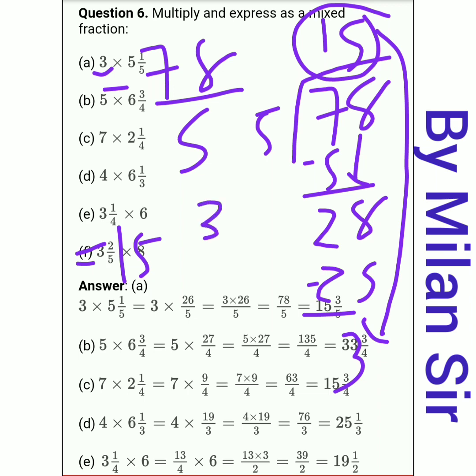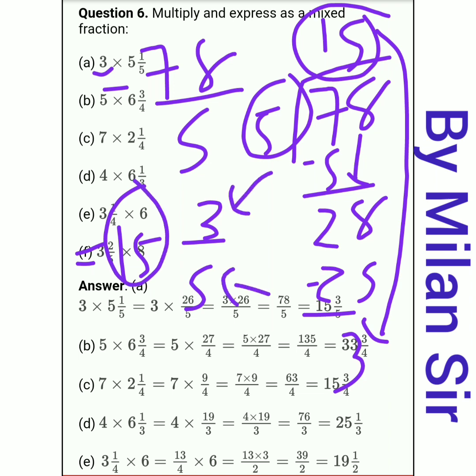Now in numerator we need to write our remainder, and denominator 5 as it is. Okay, so 15 integer 3 by 5. First of all we need to write this integer, then here the remainder, and in denominator 5 as it is, whatever we have initially. Okay, so 15 integer 3 by 5, this is our final answer.